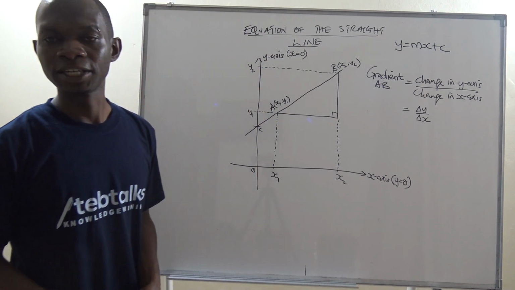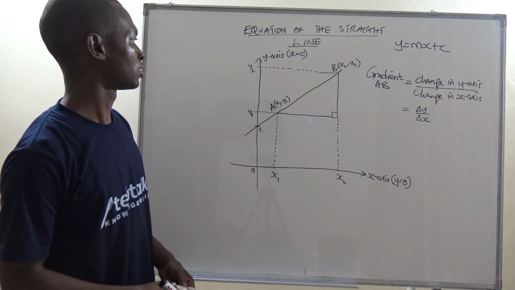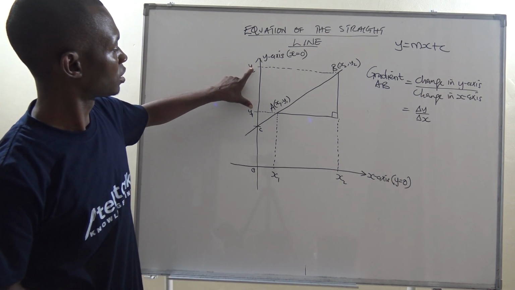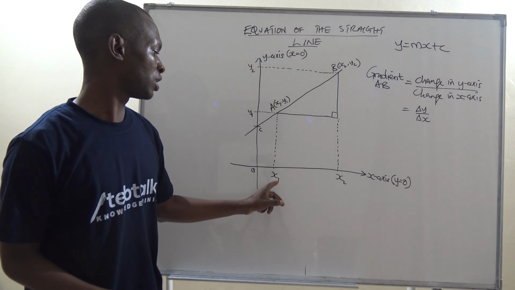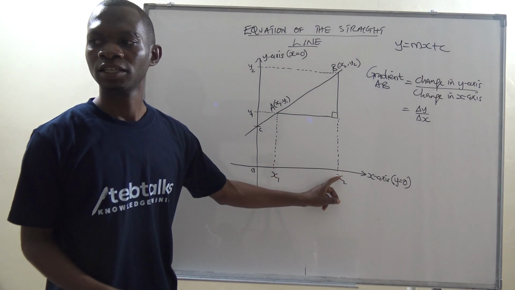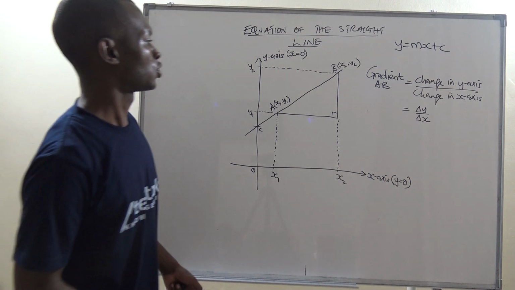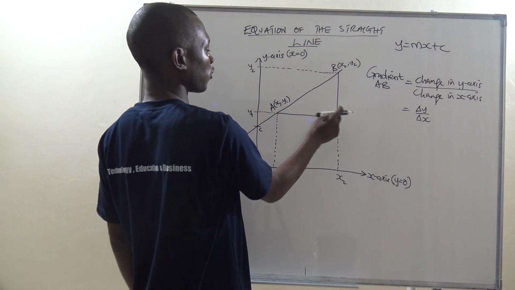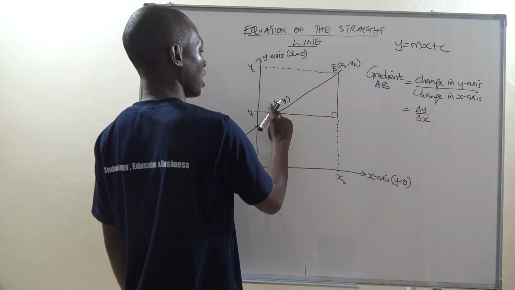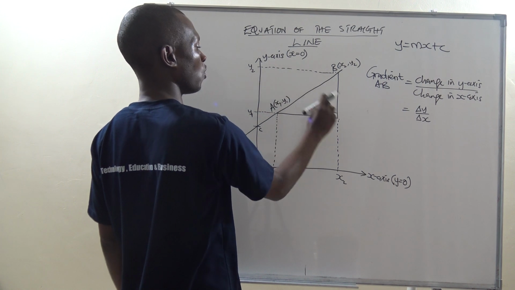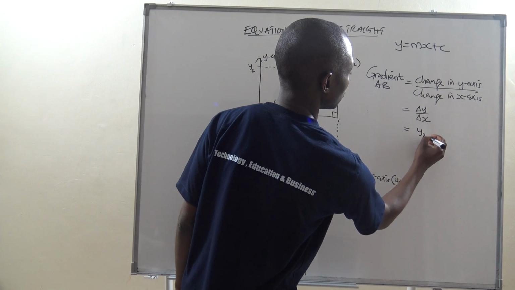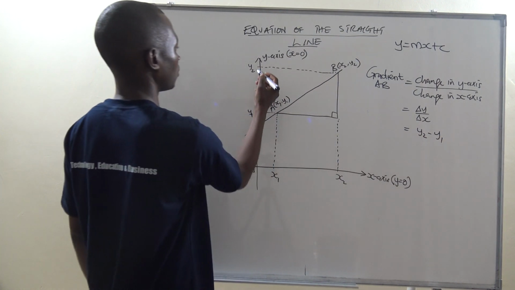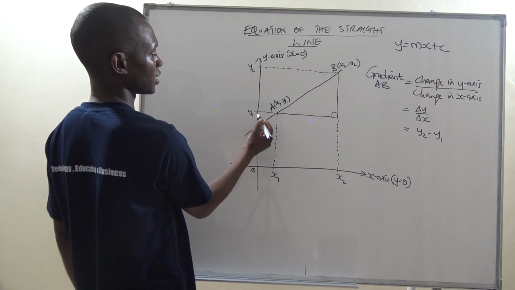What do I mean by the word change? Change means difference: the difference between y1 and y2, and the difference between x1 and x2. So the distance from here up to this point, I can say it is y2 minus y1.